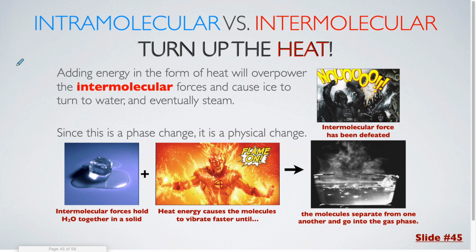If I were to break intramolecular forces, that would mean actually breaking the connection between the oxygen and the hydrogen. So essentially what I would end up with is oxygen and hydrogen gas separated from each other. That would be an intramolecular force being broken, but that's not what we're talking about here. Here we're just saying this water is separated from the water next to it.